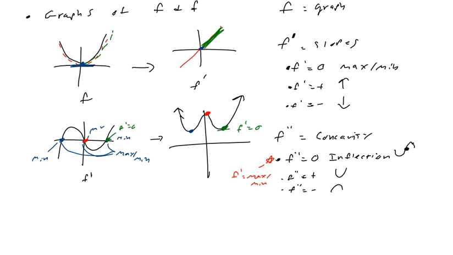So that would be like here is an inflection point, because F double prime equals 0, and F prime is a max. So where your first derivative has its maximums, that's points of inflection. Right here is the inflection point. So that's at the same location that the first derivative had a max.